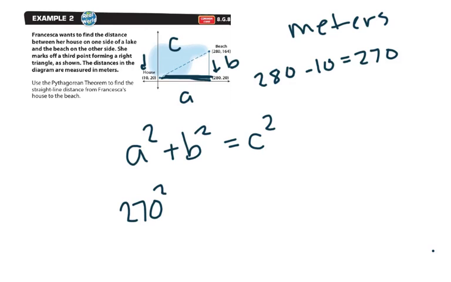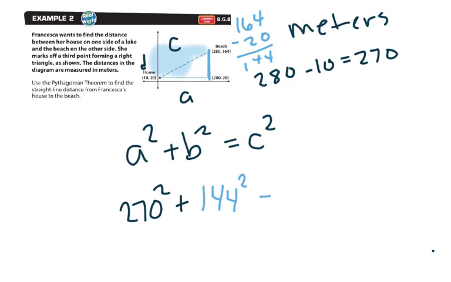So 270 squared plus, let's find out B. I'm looking at my height, so my x values are going to be the same, and I want to find the difference in the y values. 164 minus 20 is 144. So I want to do plus 144 squared equals C squared.